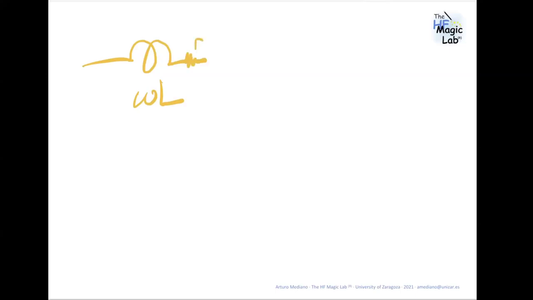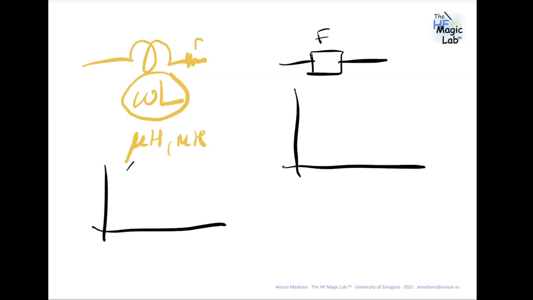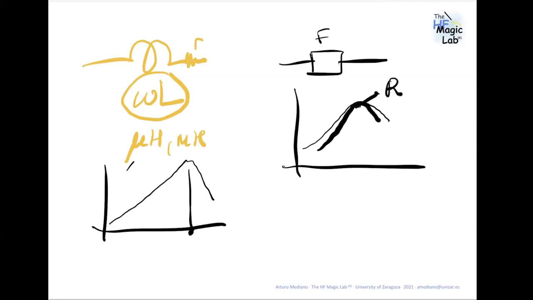But the important thing is that you are interested in microhenries or in millihenries, something like that. But when you are working with a ferrite, the impedance of this inductor is something like this until you arrive to the resonant frequency. But with a ferrite, the impedance is doing something like this. And what you are interested in is the area where the ferrite is resistive, not the area where the ferrite is inductive. This effect is totally inductive, reactive, no?